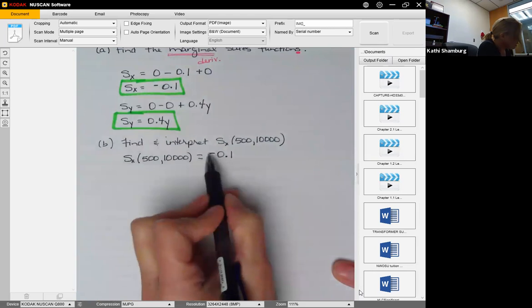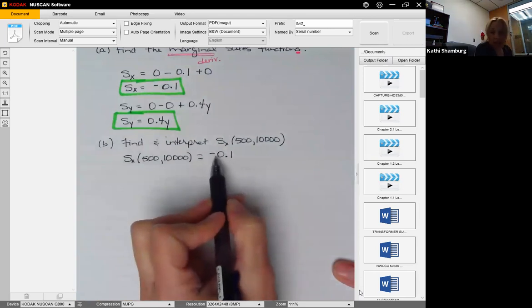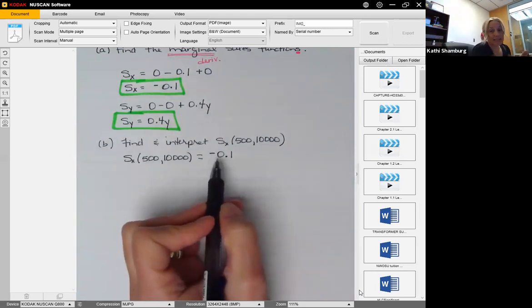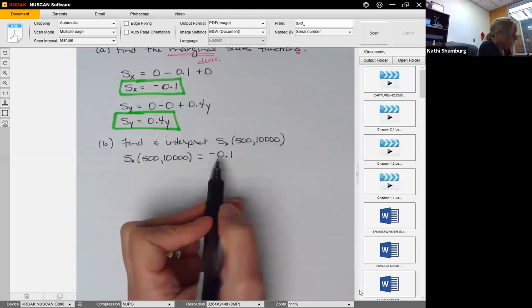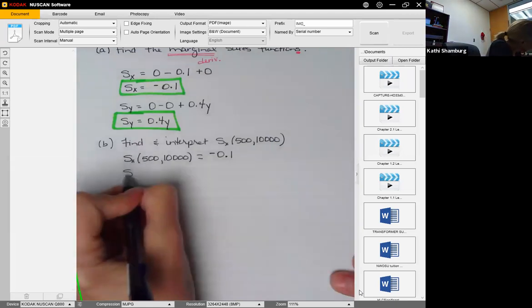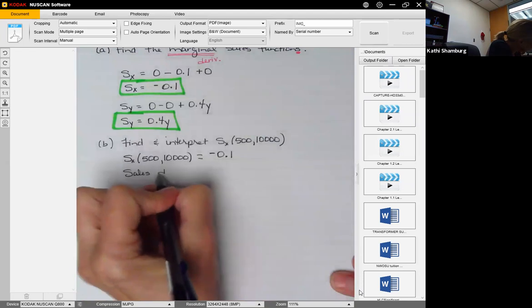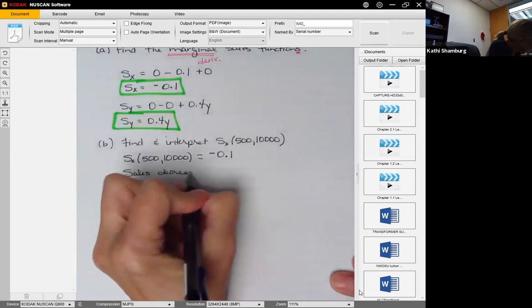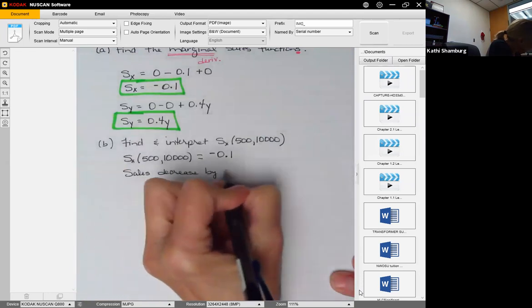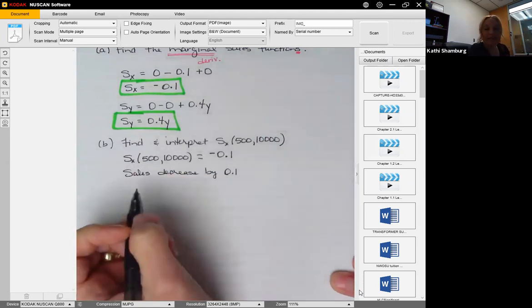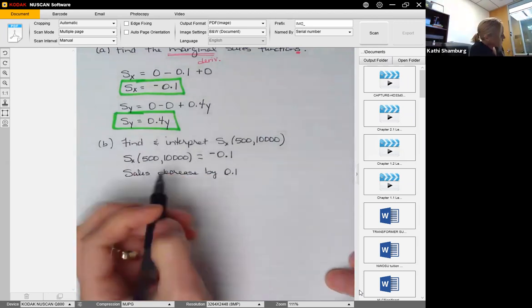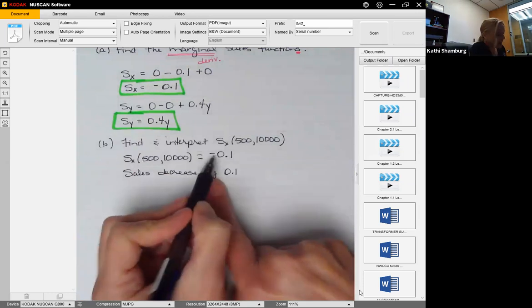Now, the interpret is what you may have forgotten how to do. Because this is a negative, and in this case we're talking about sales, sales decrease by 0.1. Now, I don't put by negative 0.1. This word decrease is taking care of that negative.